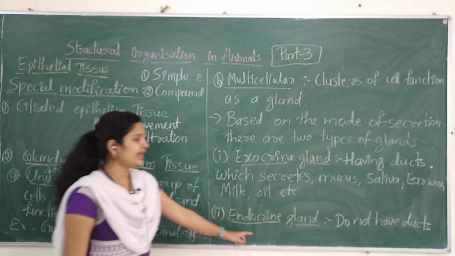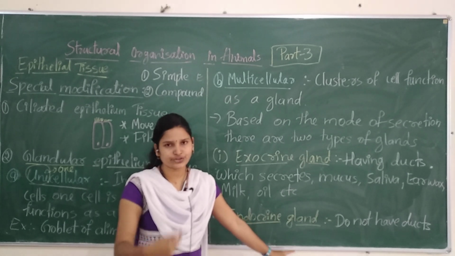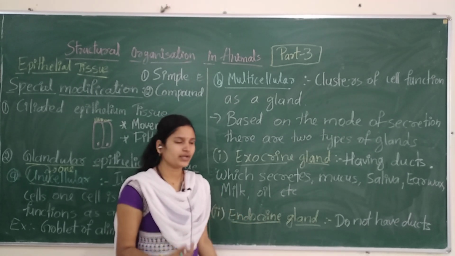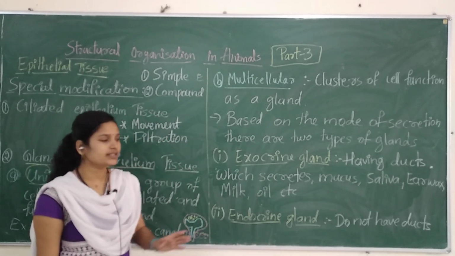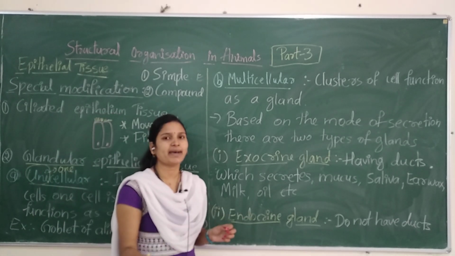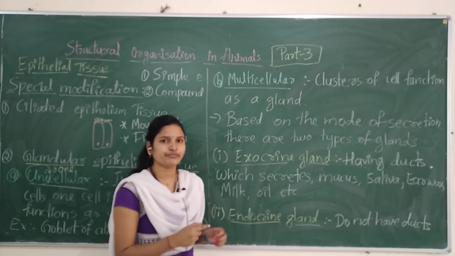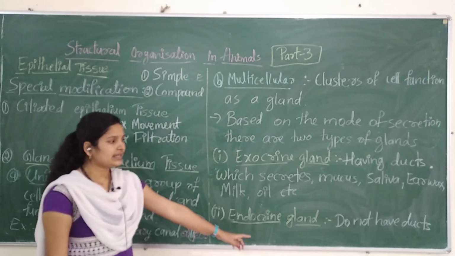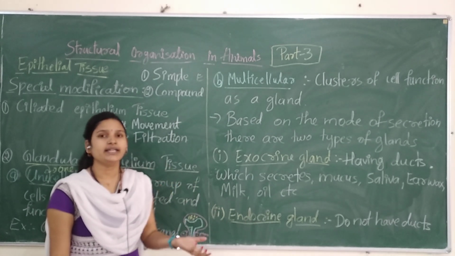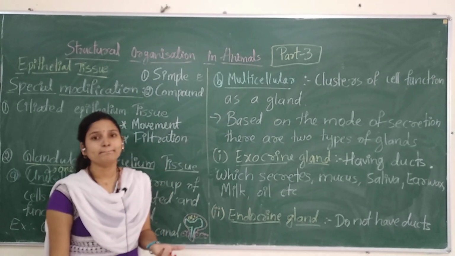The next one is endocrine glands. Endo means inside, and these are also called ductless glands. These do not have a specific passage for the movement of materials throughout the body. So endocrine glands directly secrete into the blood stream.